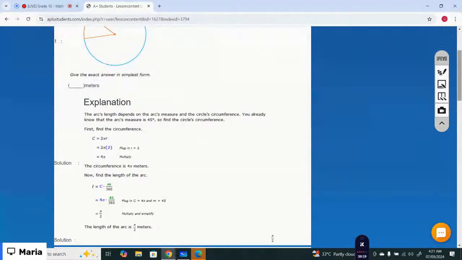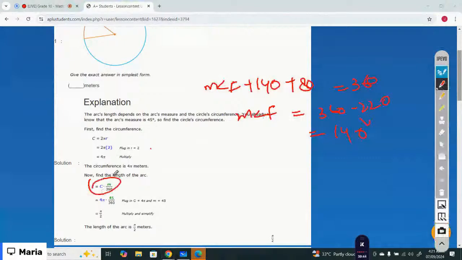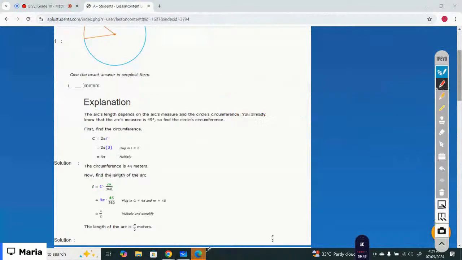Now you need to find the length of the arc. So how do you find that? Length equals circumference times m over 360, because the total angle is 360, right? So that is 4 pi times 45 over 360, that is pi by 2 meters.